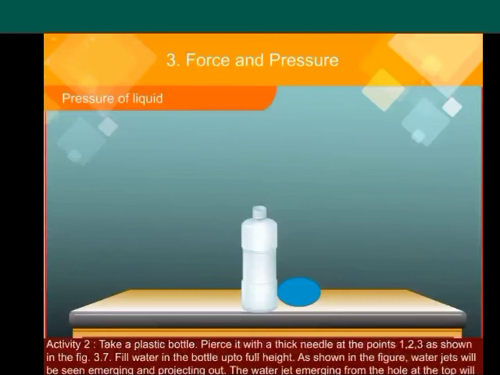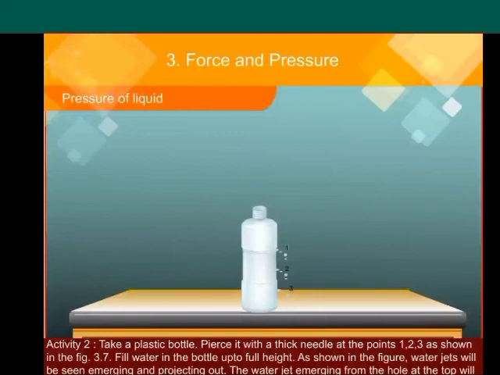Activity 2. Take a plastic bottle and make holes with a needle at points 1, 2, 3 as shown in figure 3.7. Fill water in the bottle up to full height.